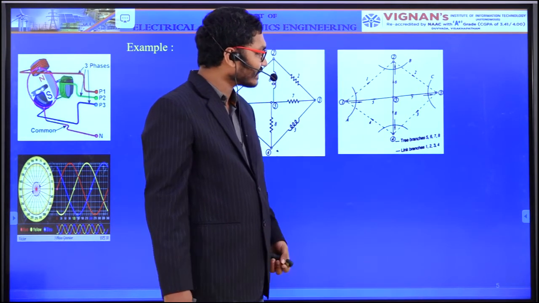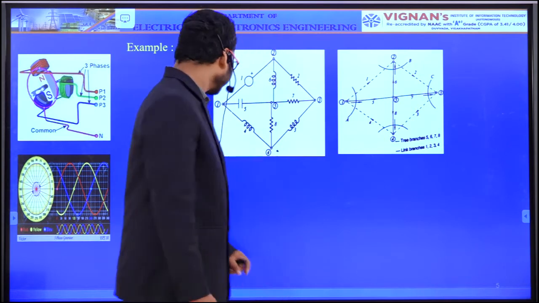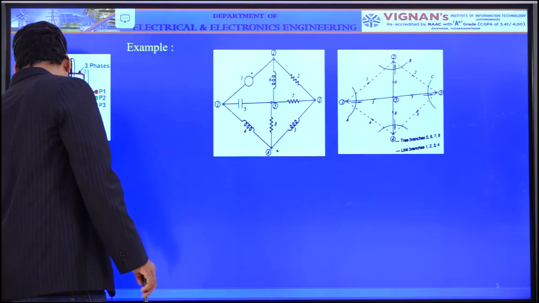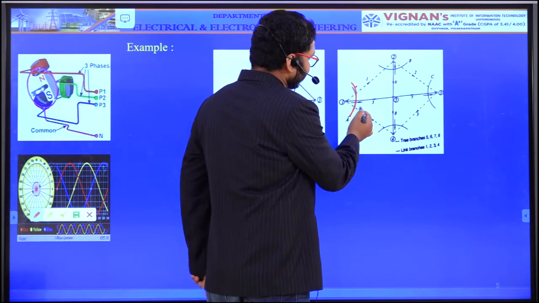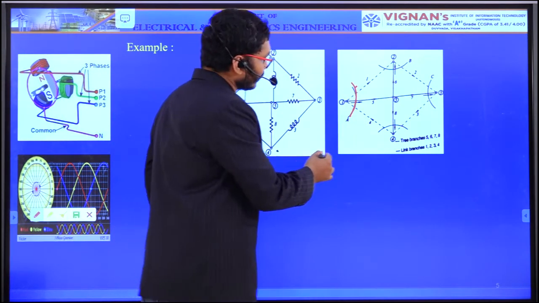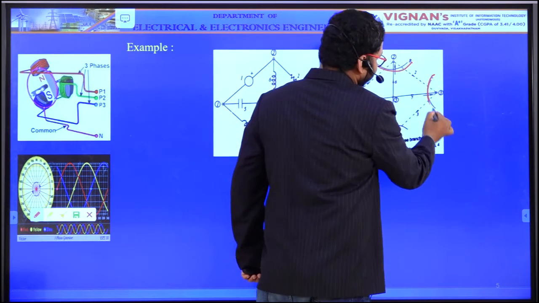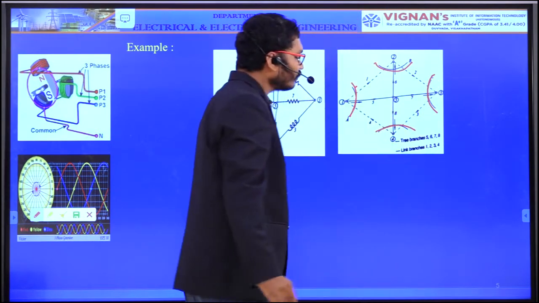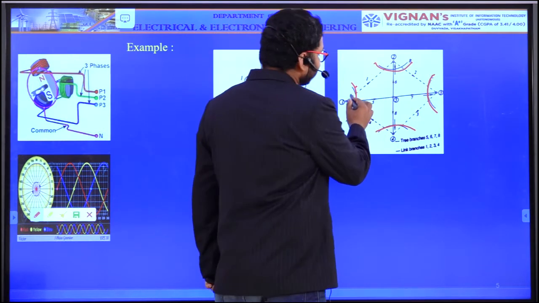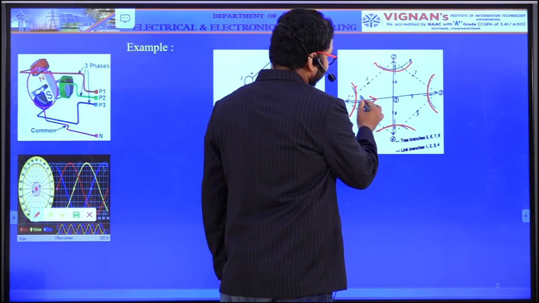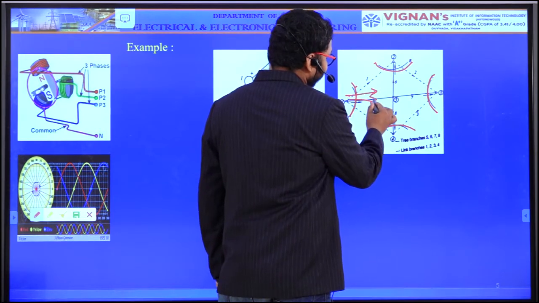How will you take the cut set direction? This is one cut set, this is one cut set, but how will you take it? The cut set direction is the same as the tree branch direction. The tree branch direction is like this, so the cut set direction is also like this.